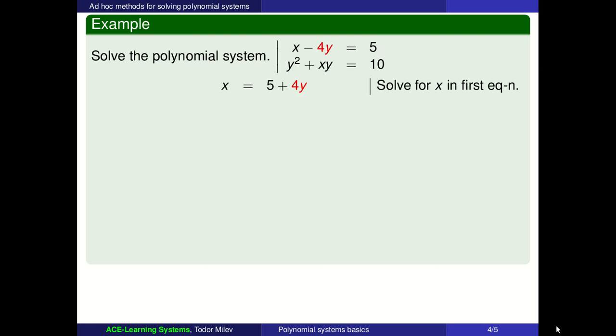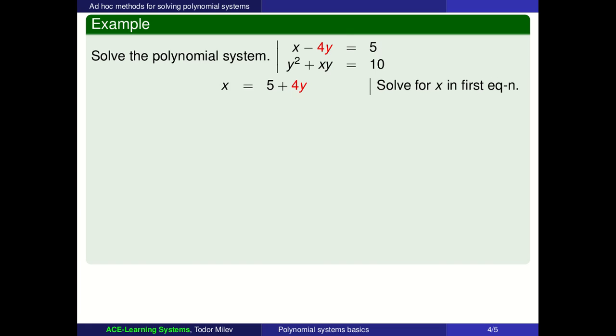So I can solve the first equation for x by setting x equal to 5 plus 4y. I'm just taking the term 4y and transferring it to the right hand side. When I transfer negative 4y to the right hand side, it becomes plus 4y. Okay, so now I have solved x as a function of y.